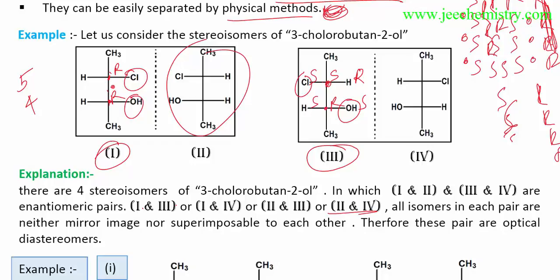There must be at least one different stereocenter absolute configuration, then they will be diastereomers.